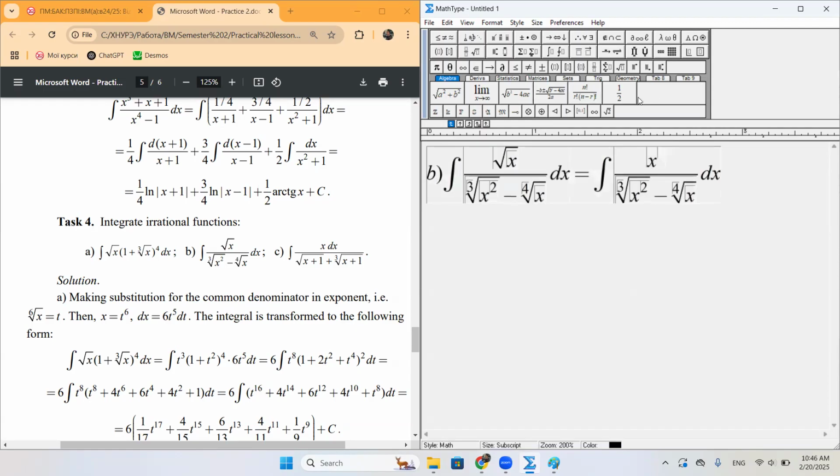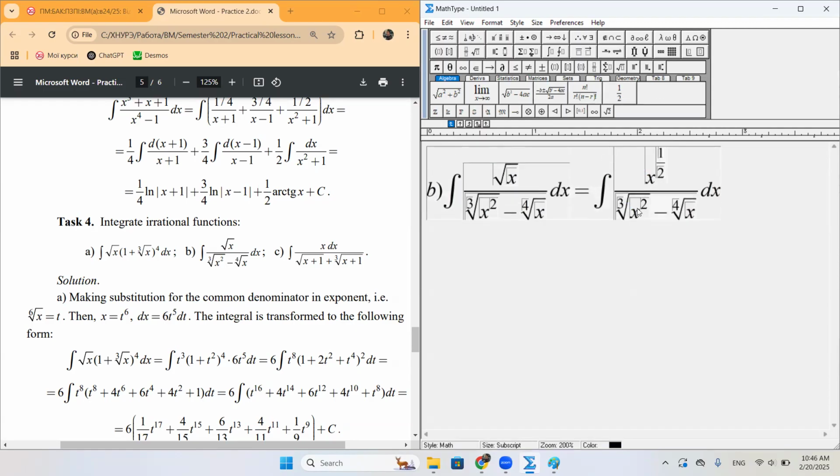We need to make the substitution, again for the least degree.